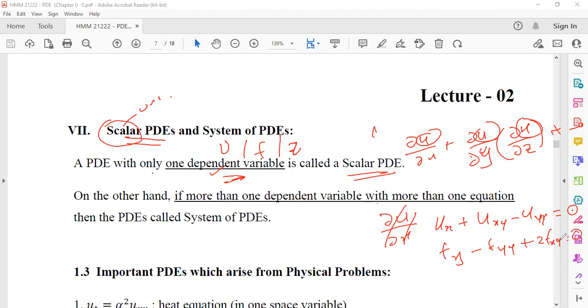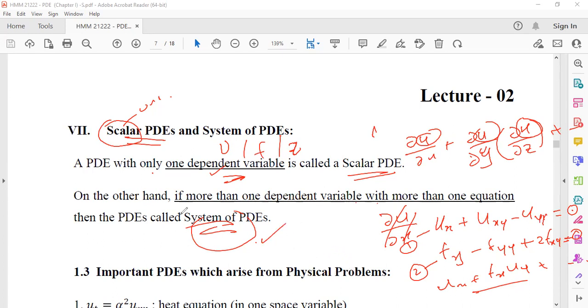You have to solve both 1 and 2. Or sometimes in one equation you'll have ux plus fx uy. If it is a system of equations, we call it a system of PDEs: more than one dependent variable with more than one equation.